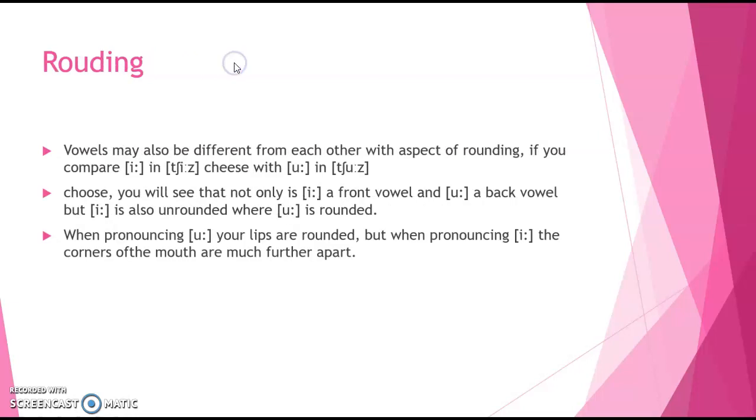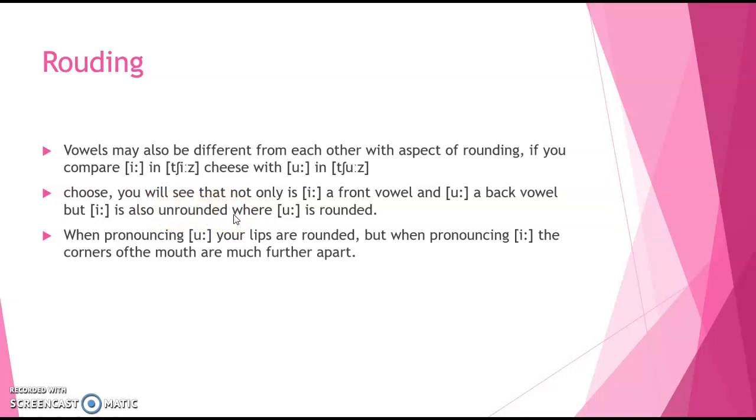Rounding. Vowels may also differ from each other in the aspect of rounding. If you compare chase with shows, you will see that not only is one a front vowel and the other a back vowel, but one is also rounded.